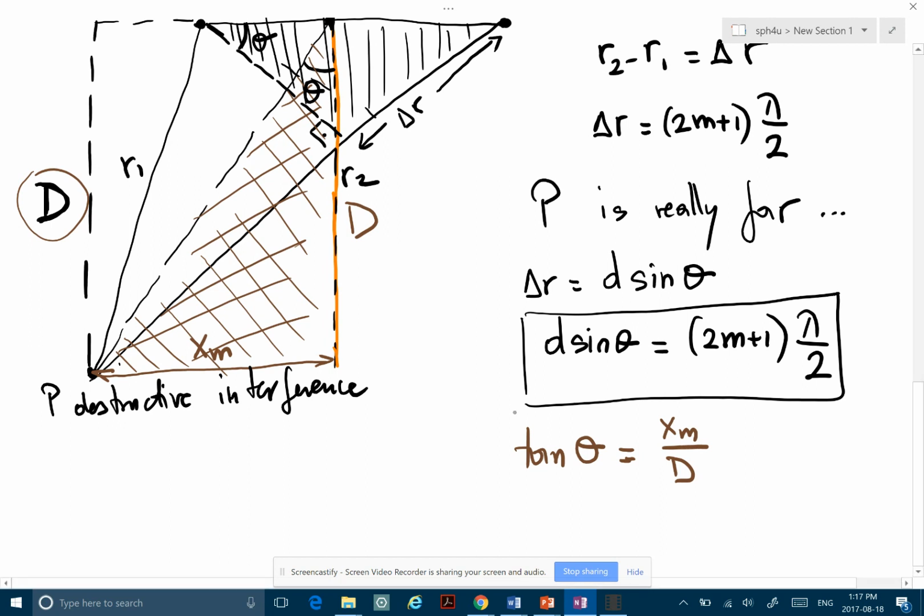So these are the two relationships that you would use to figure out all those for any type of sources, no matter how far they are from each other.